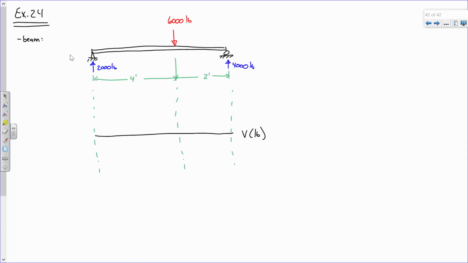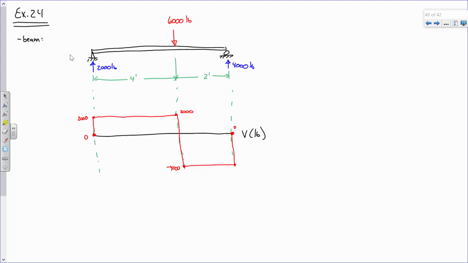So start at 0, then no change, no change. This is 2,000. Then down to negative 4,000. Then back up to 0, right?